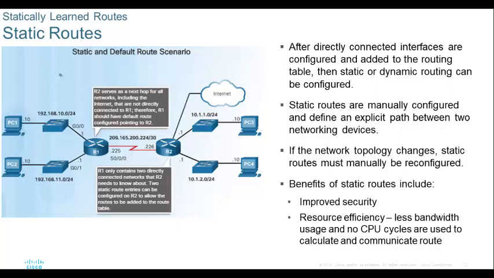See the second paragraph. Static routes are manually configured and define the explicit path. Meaning, what is explicit? Opposite of implicit. Implicit is coming by itself. For connected, routes come by themselves into the routing table without you telling.